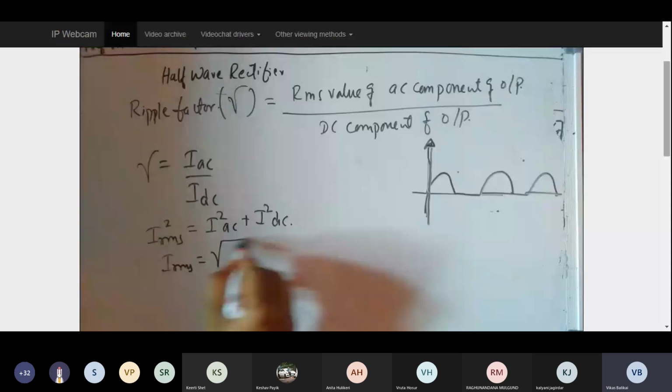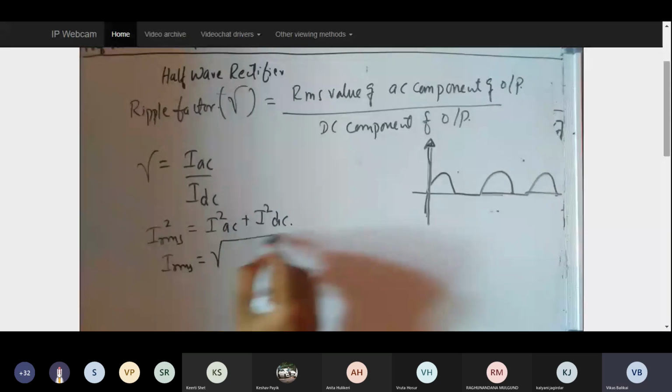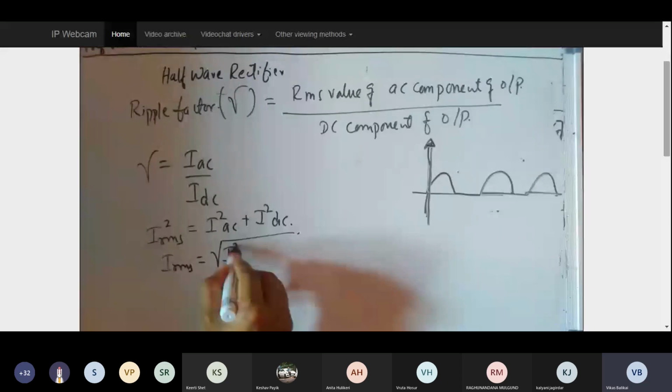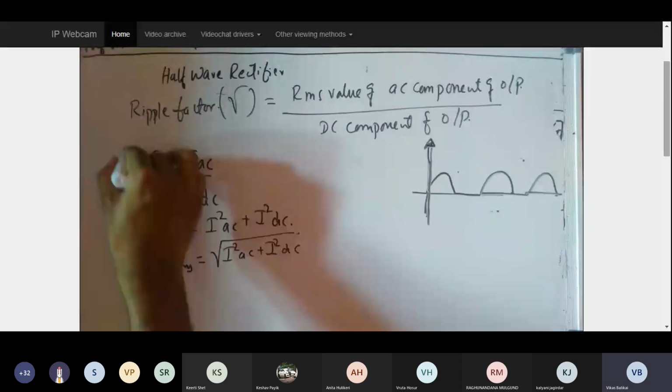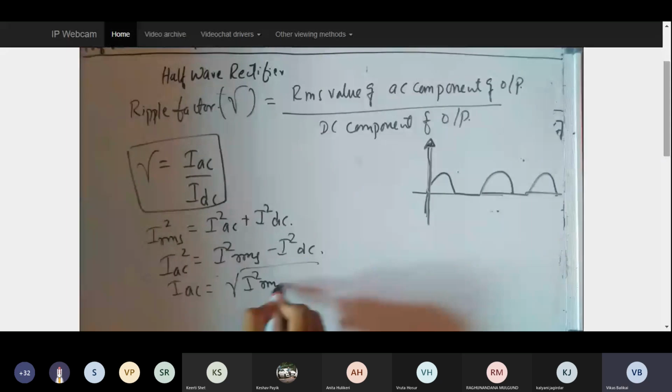Since my ripple factor equation is IAC by IDC, let me consider the IAC value. So what is IAC square then? I square RMS minus I square DC, and in that scenario IAC is the square root of I square RMS minus I square DC. So this is my IAC, and I know what IDC is.